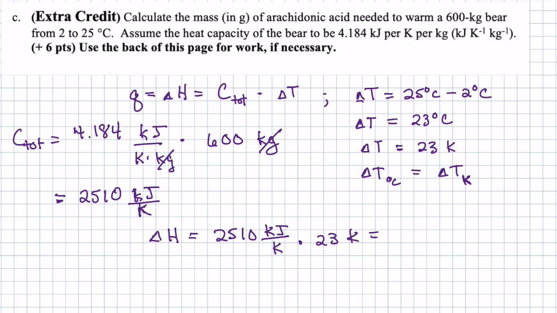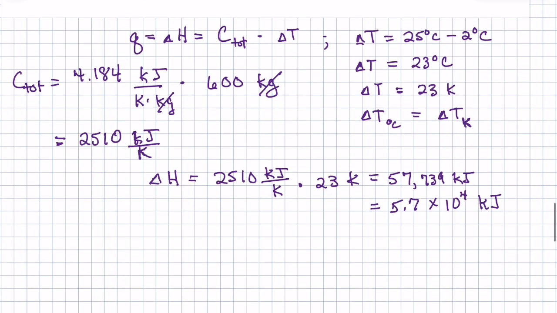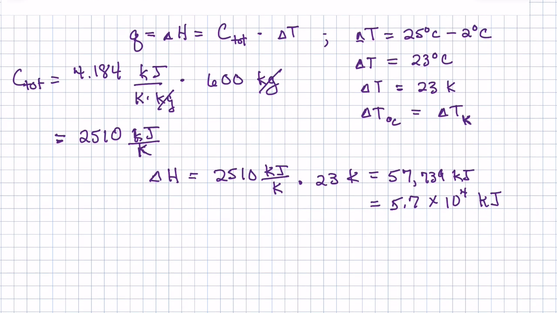And that is equal to 57,739 kilojoules. And again, if we're going to round it off to just 2 sig figs, because that's what we've got here, it would be 5.7, I'm putting this in scientific notation, times 10 to the 4th kilojoules. All right, so that's how much heat we need to warm the bear from 2 degrees to 25 degrees.